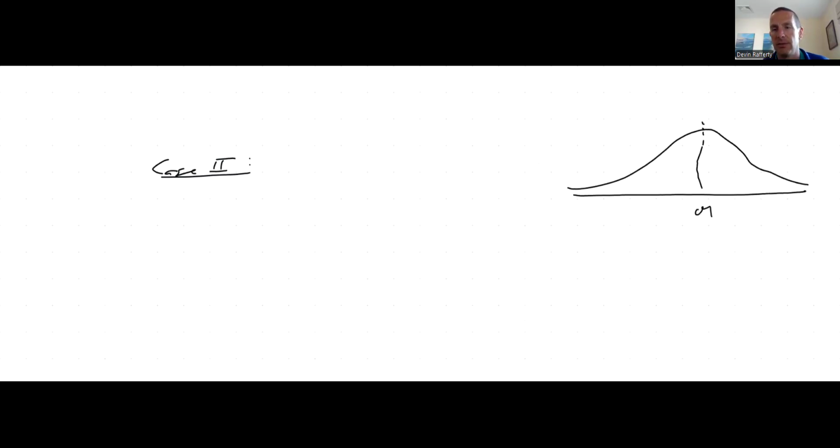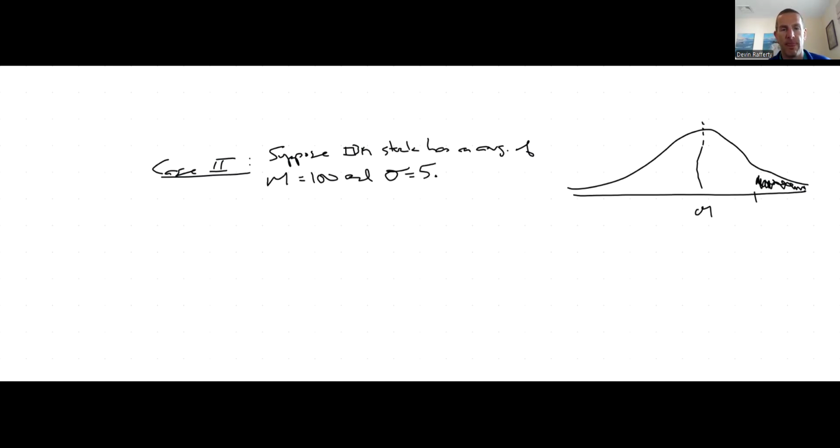In the tail. So in other words, let's say, okay, case two, suppose IBM stock has an average of mu equals 100 and a standard deviation of 5, right?